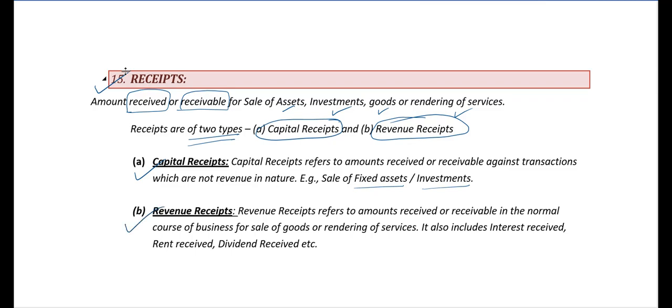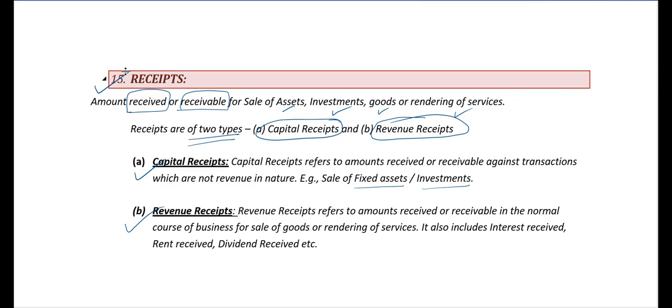What is a revenue receipt? Revenue receipt refers to amounts received or receivable in the normal course of business for sale of goods or rendering of services. So, any amount which is received or receivable in the normal course of business. What is a normal course of business? Sale of goods or rendering of service. So, in this area, if you receive any amount or any amount is receivable, it is a revenue receipt.